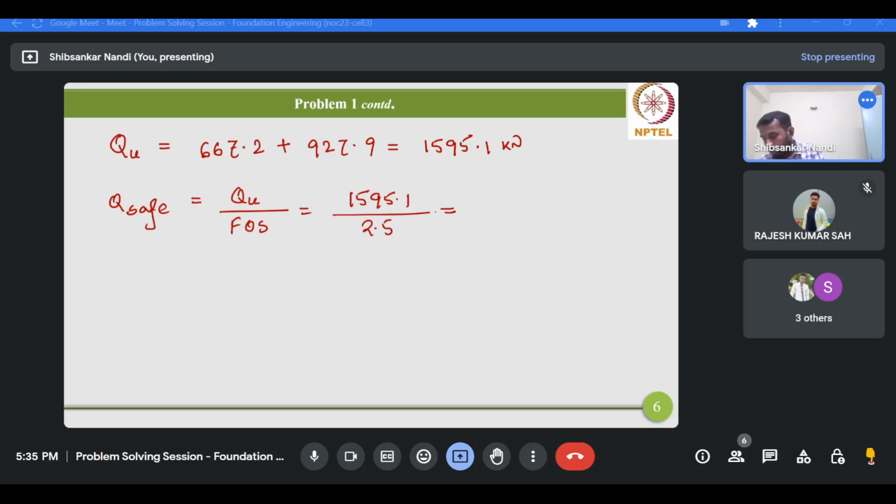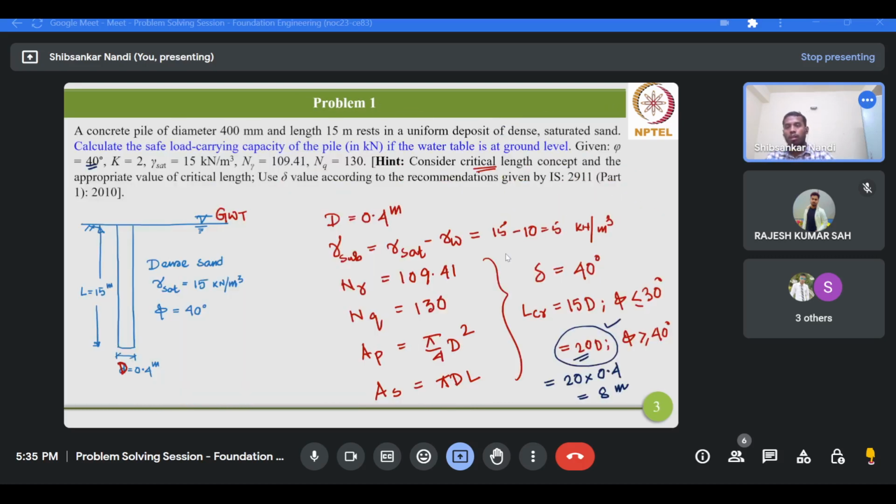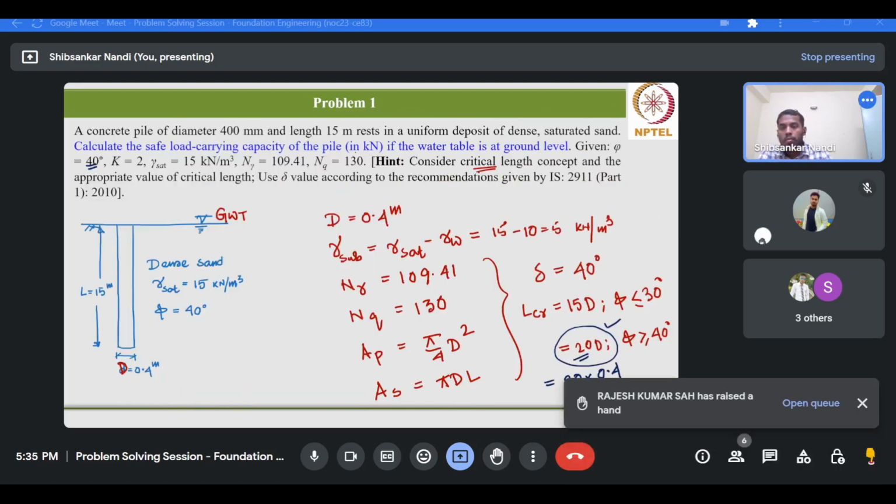So you can take the recommended or desired factor of safety as 2.5. So this value would be 638 kilonewton. This is the answer. In this way you can calculate the safe load carrying capacity of the given pile.